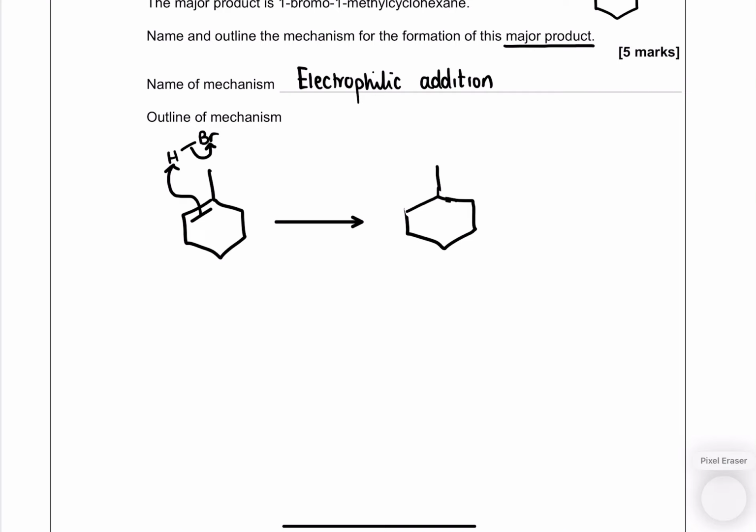Let's redraw that structure, and that would be at this point here. And then the bromide ion with its lone pair can attack, and that's going to give us the product mentioned in the question, which was 1-bromo, 1-methyl cyclohexane.